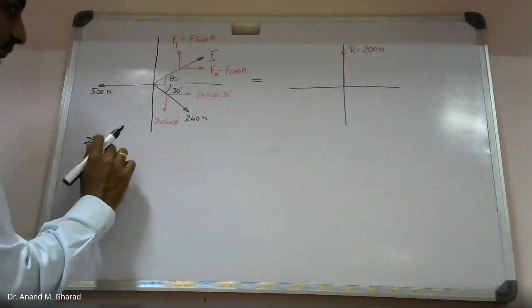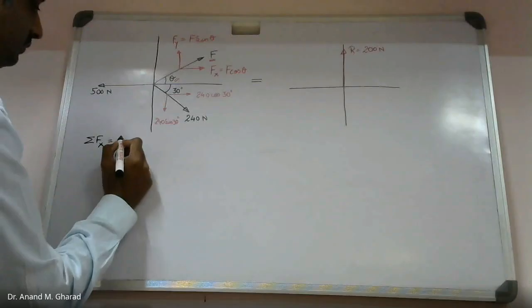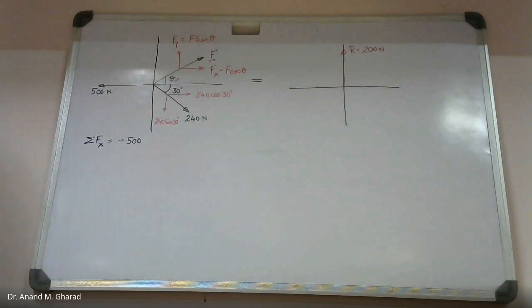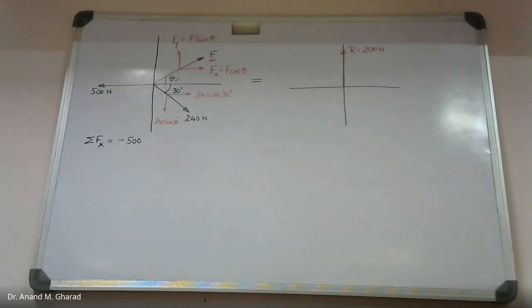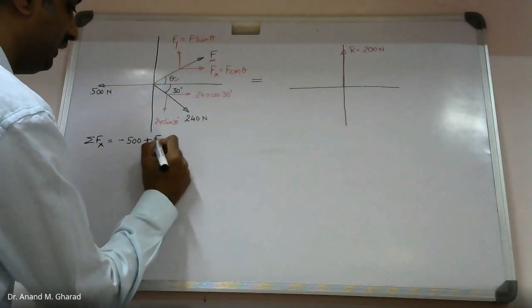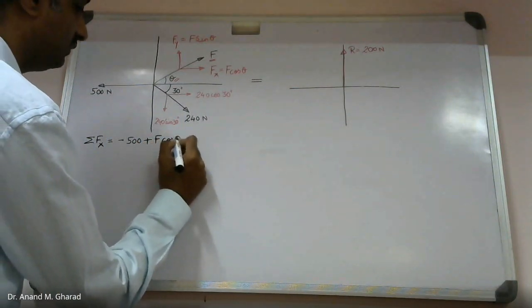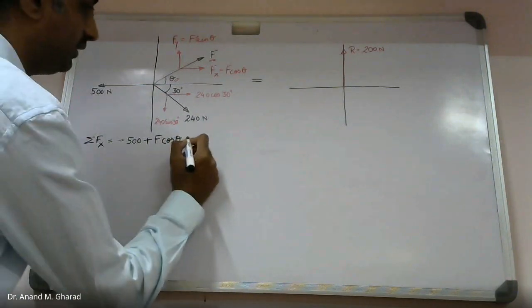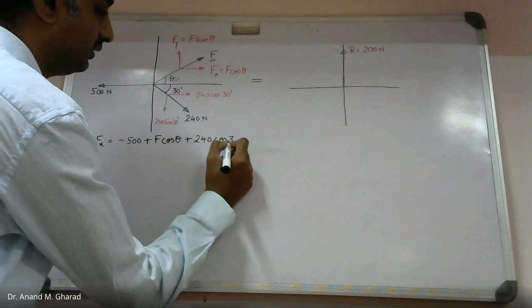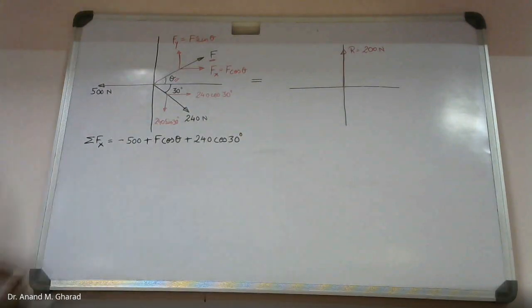F cos theta plus 240 cos 30, minus 500, am I right? Yes, sir. This will be minus 500. Then plus F cos theta plus 240 cos of 30 degree.